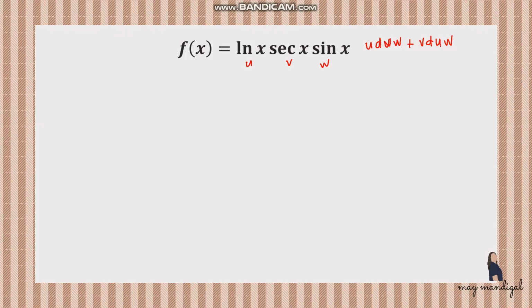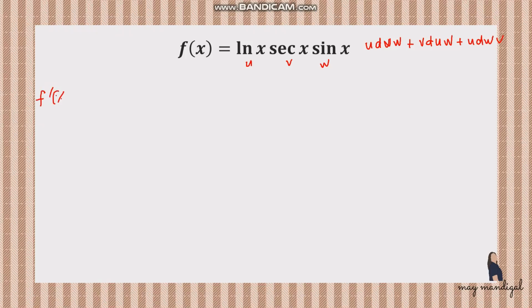So in this case, we have the derivative of u, it's being multiplied by v and w. And then last, we have to get the derivative of w. So it's now u dw v. Okay? So again, what we did here is we're getting the derivative of each term and then we multiply it with the remaining terms. And then we just have to add. So let's apply this rule.